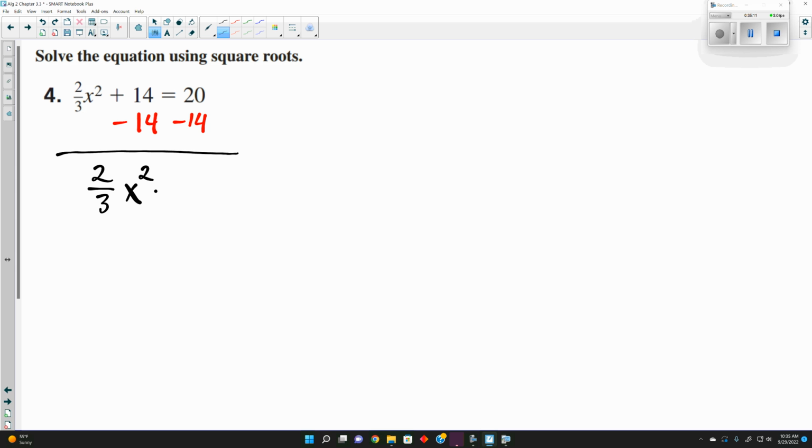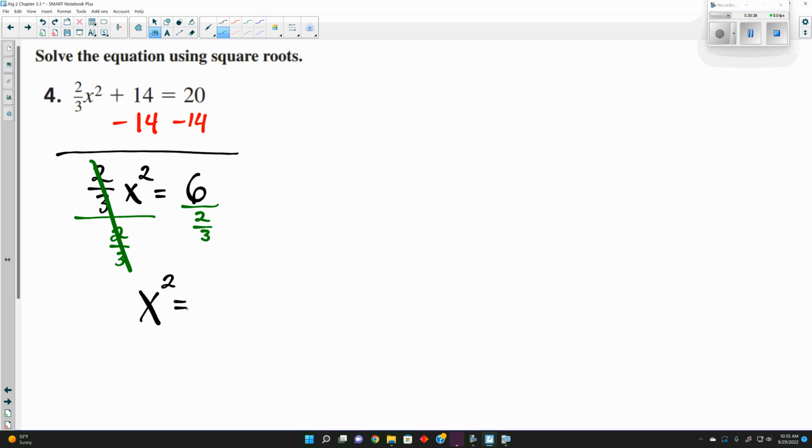Which will tell us that 2/3 x squared is equal to 6. Now what do we do next? Square root, right? Is x squared by itself? Oh no, I have to divide by 2/3.